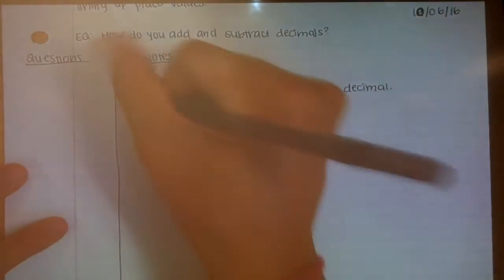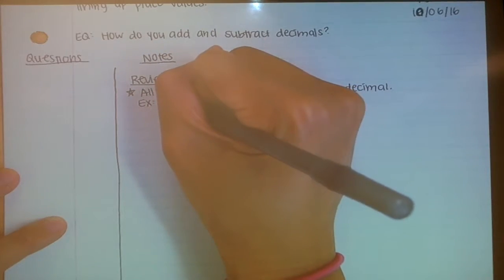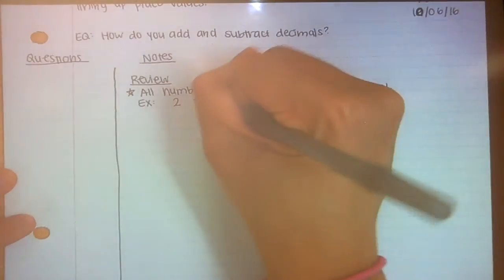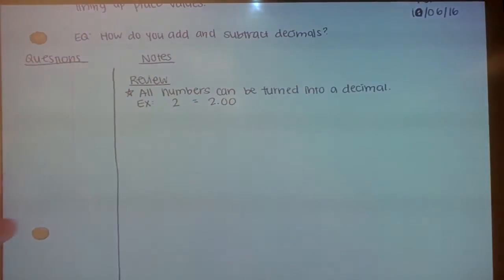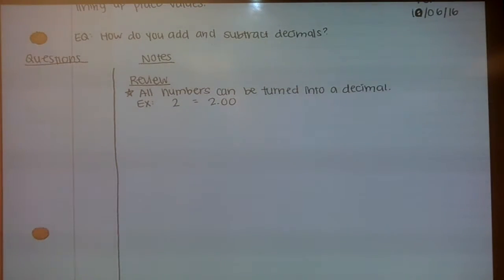An example of that is the number 2 can also be written as 2.00, because $2 is the same as $2.00.